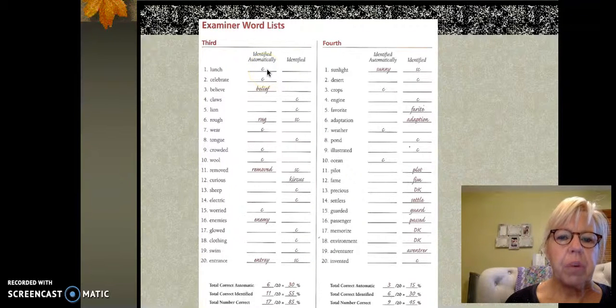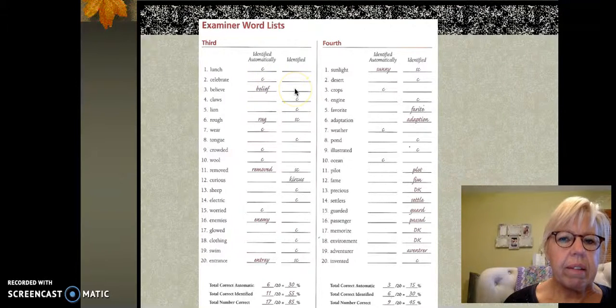If they have to look at the word and kind of think about it, and they might try to sound it out, lunch, but they get it correct, then you're going to mark it in the identified column. Now, if you look here, when the student came to the word believe, the first thing they said was belief, and so we write that down.